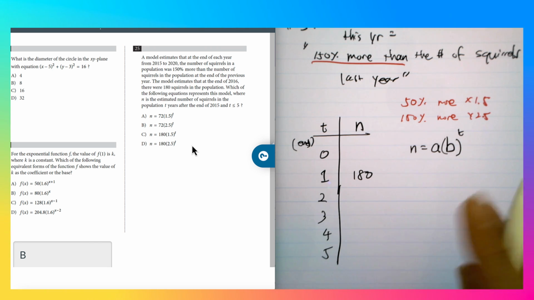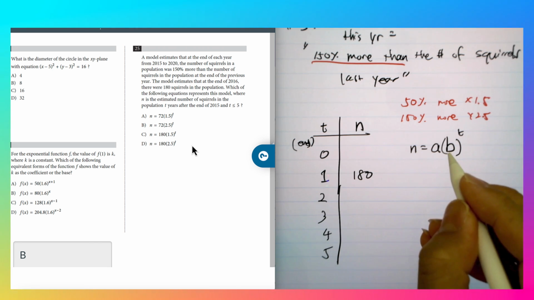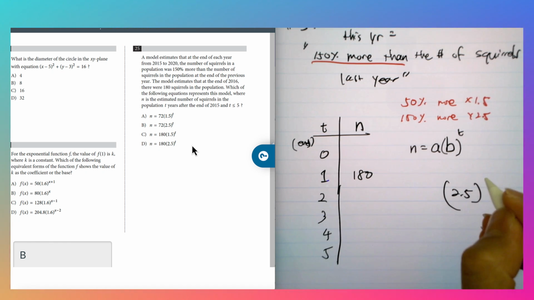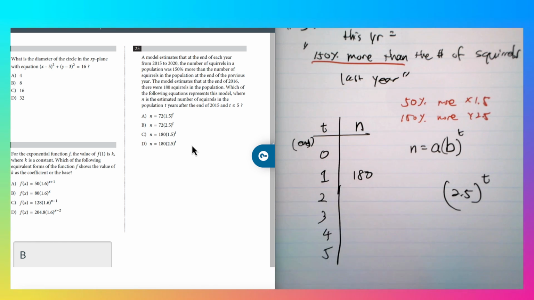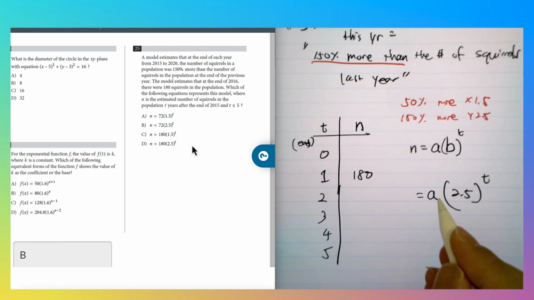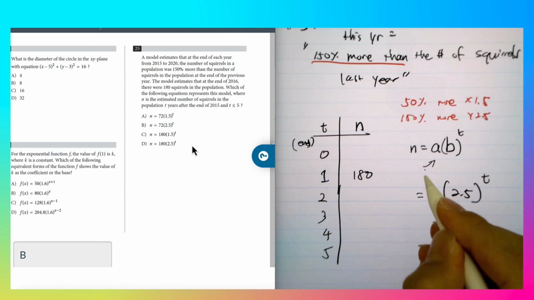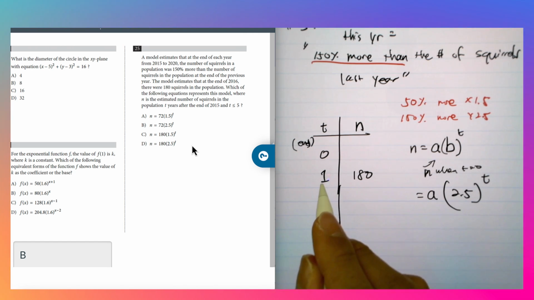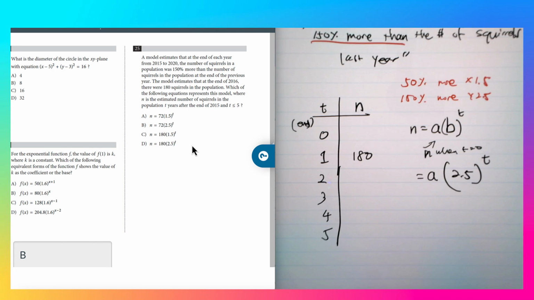Okay, so we're going to have to put b as 2.5, and t is the variable from the end of 2015. Now we do not know exactly what a is here, the original population. This is n when t equals 0, but we only have n equals 180 when t equals 1.